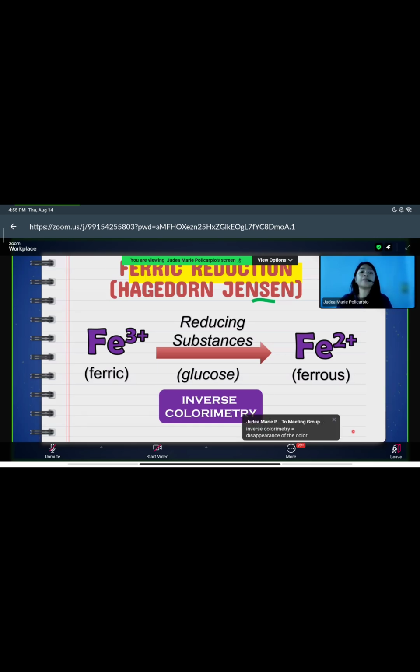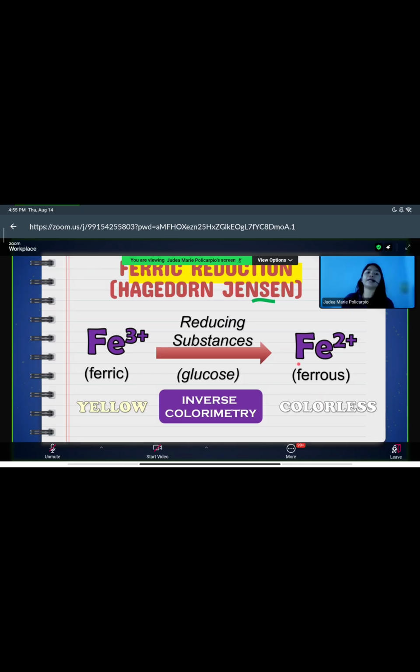Ganun pala si ferric reduction. Ang inaabangan mo rito ay pagkawala ng kulay. Ang ferric kasi, yellow siya in color. Pero pag na-convert na yan into ferrous, mawawala yung pagiging dilaw, magiging colorless na siya.